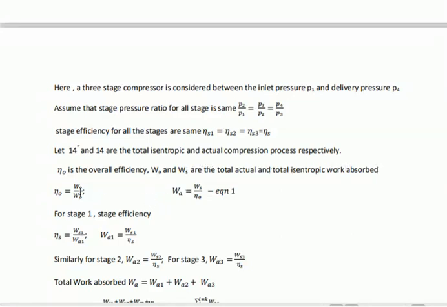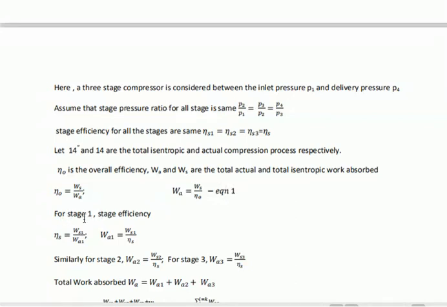Now we know that the overall efficiency is WS by WA, where WS is the isentropic work done and WA is the actual work done. From this we can write that WA is equal to WS by eta naught. We consider this equation number 1.